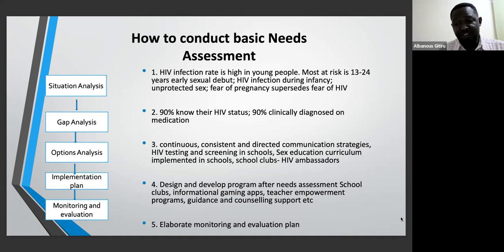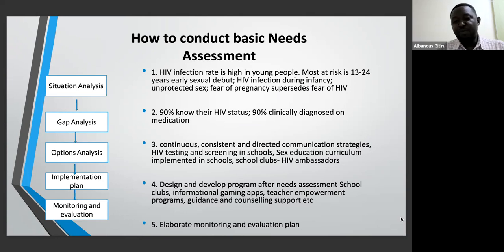Actually, if I share from the Kenyan perspective, sexual debut amongst boys is 10 years and 9 years amongst girls. So that's where they start experiencing sex at that age for the first time. For the infection rate during infancy, we are talking about a 0 maternal infection rate, but again, that is not where we are at.